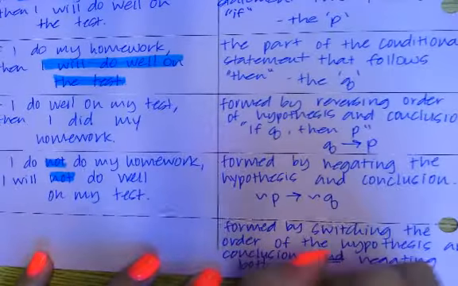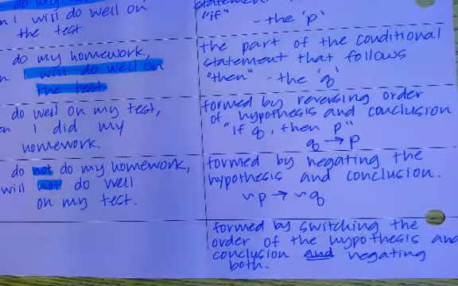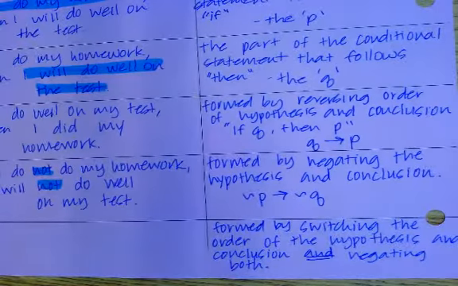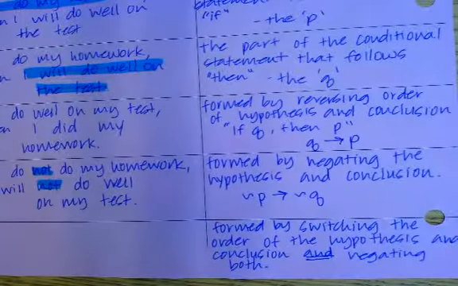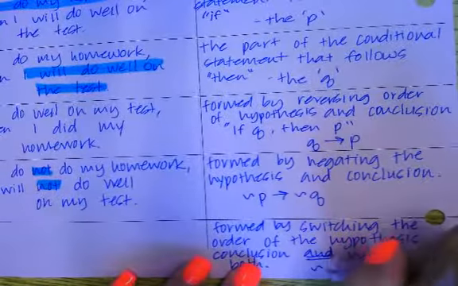If I told you to put that definition in simpler terms, how could you state that? Not Q, then not P. Or negating what? Negating the converse. Or you could just say negating the converse. But if you forgot what the converse was, I'm going to say switch the order of the hypothesis and conclusion and then negate both. Very good. Not Q, then not P.